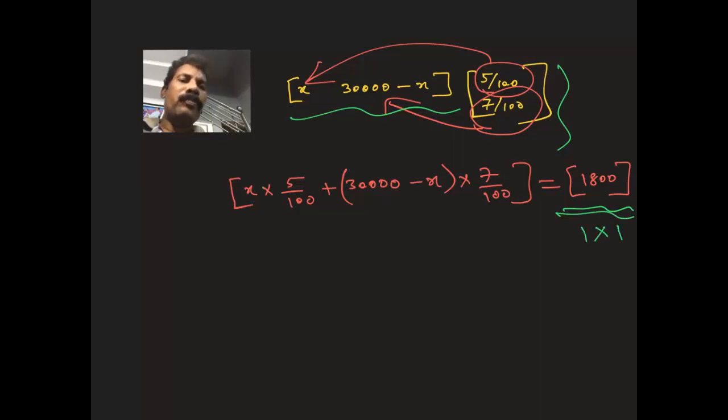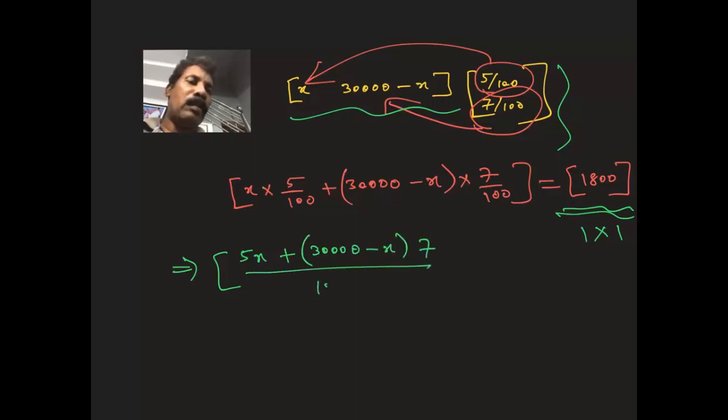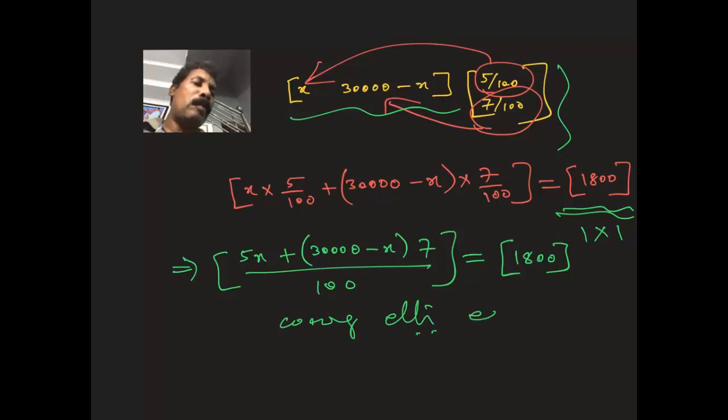We can simplify a little bit. That is equal to 5x plus 30,000 minus x into 7, all divided by 100, equal to 1800. Now you see that when two matrices are equal, corresponding elements are equal.